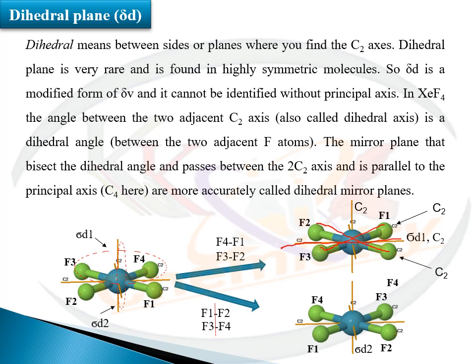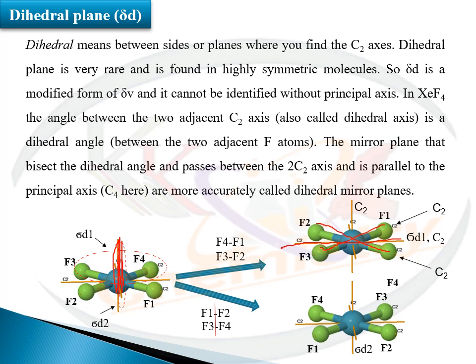Now, how many sigma d, meaning dihedral planes, exist? It is just like a modified form of sigma v. Sigma v is taken vertically along the principal axis; in the same manner, sigma d is also taken along the principal axis.